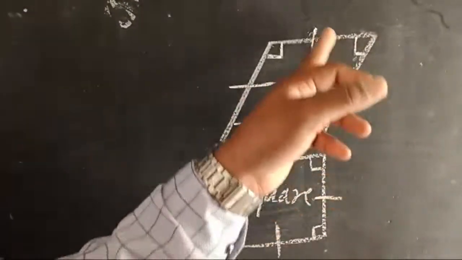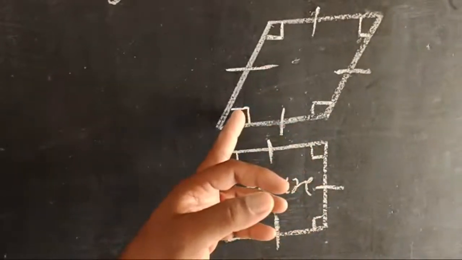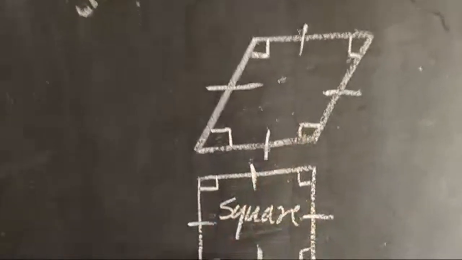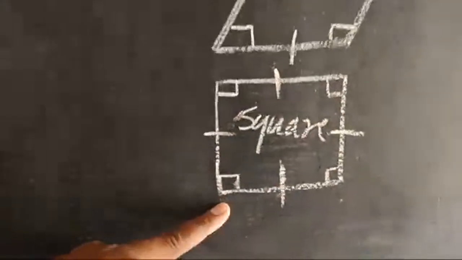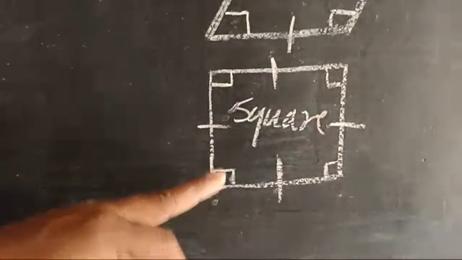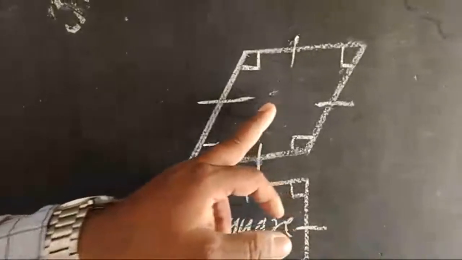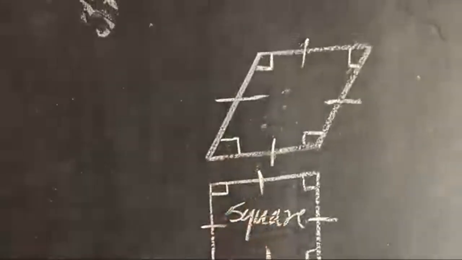All sides of a rhombus are already congruent, but the important property is for the angle. If that angle is 90 degrees, then it is called a square. What is the definition? If each angle of a rhombus is a right angle, then it is called a square.